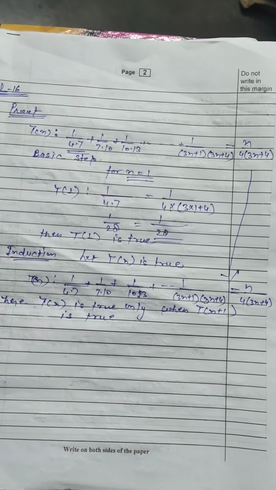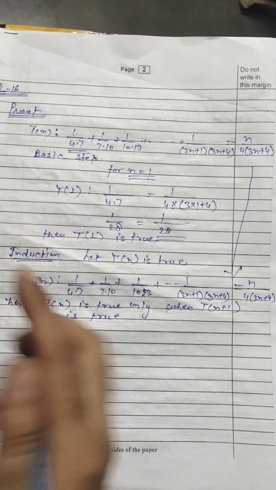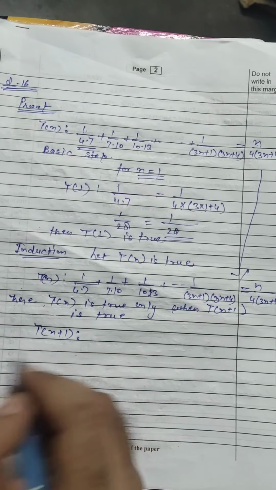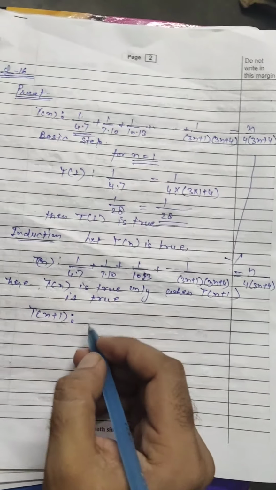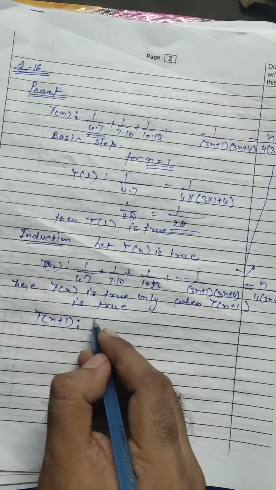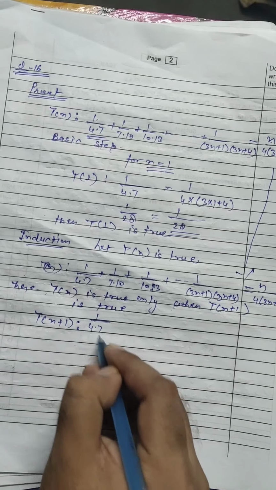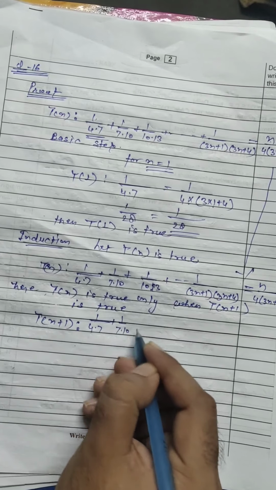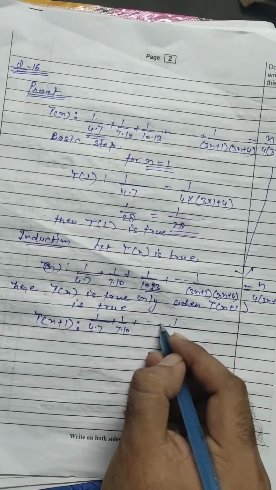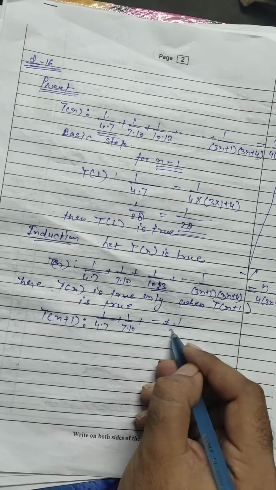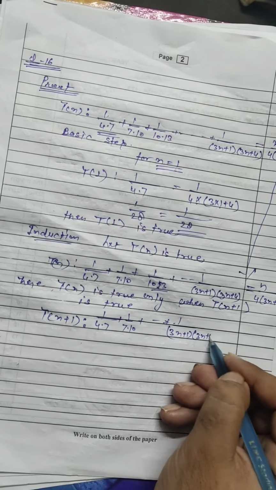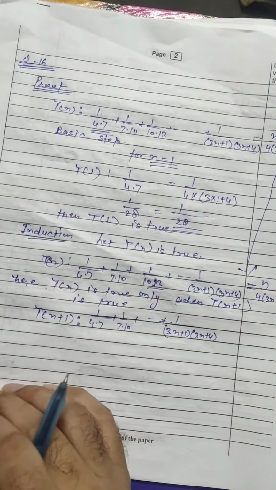Okay, so now T of n plus 1 such that, here how I have told you, here we will mention 1 upon 4 into 7 plus 1 upon 7 into 10. Okay, I don't want to mention this part. Okay, up to 1 upon, actually I need space, plus 1 upon (3n plus 1). There is no issue with this term, (3n plus 4), but the matter has now started.